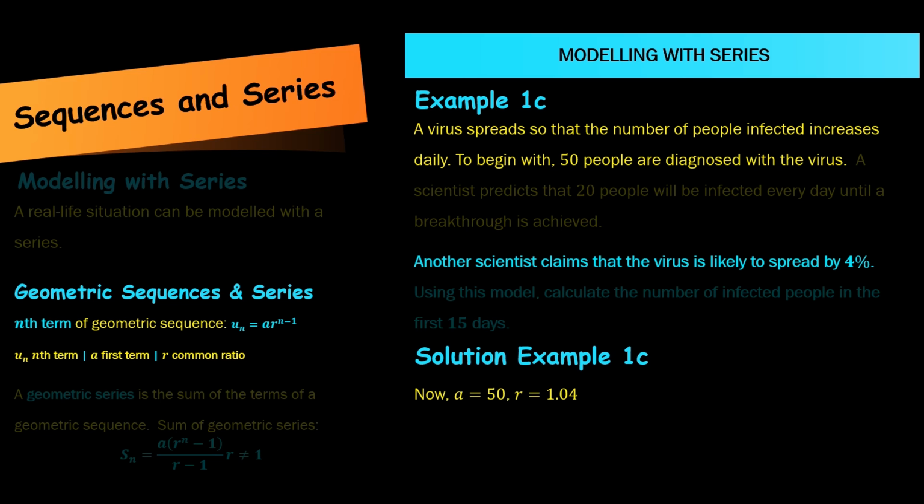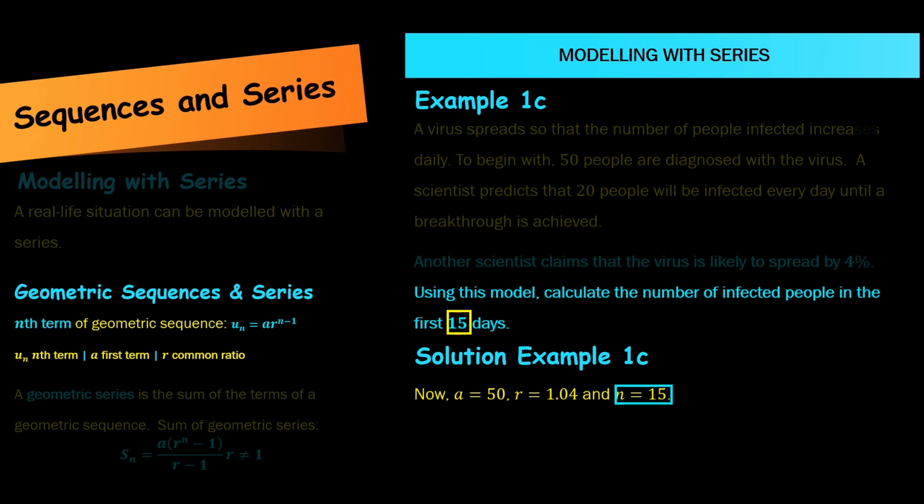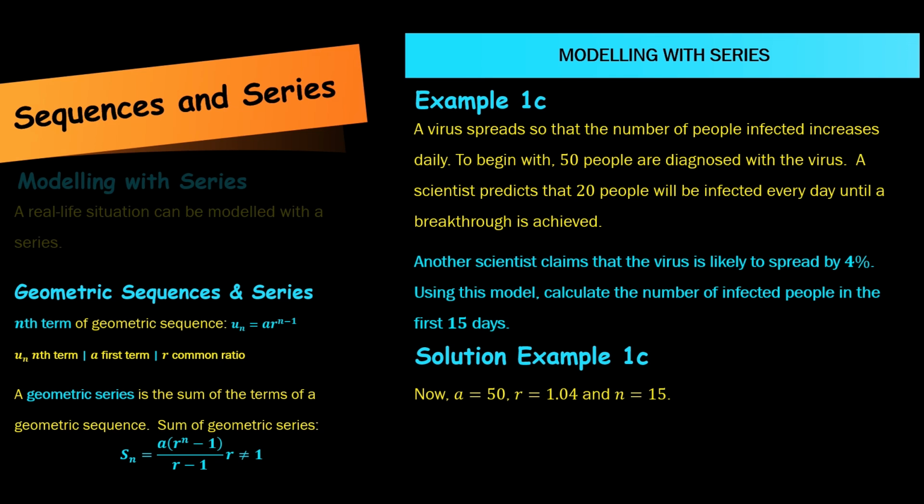The value a is equal to 50 because this is the number of people who are diagnosed with the virus on the first day. And the value r, which is the common ratio, is 1.04. And the value n is equal to 15. We now plug in these values into the formula for Sn.